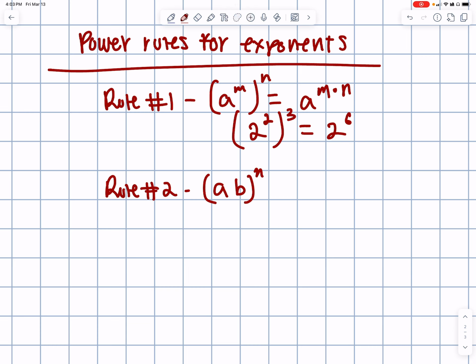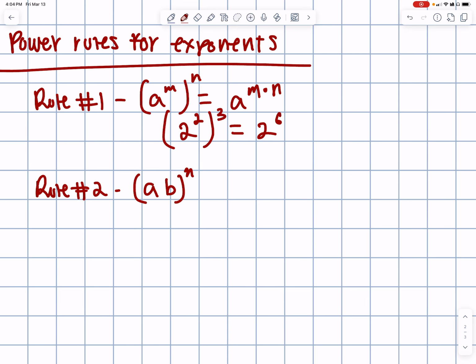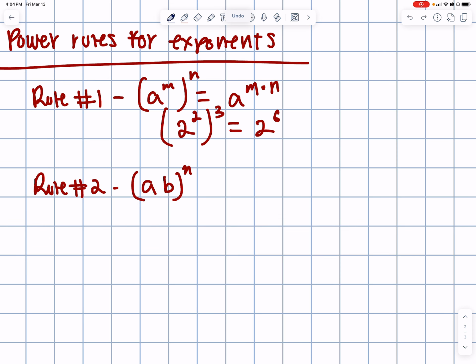Mr. Polito, why are we dealing with letters? I'm tired of seeing letters. I know, and me too. But these letters are just a skeleton of it. And you're not going to see letters hardly ever, other than X and Y, and Z. But in this situation, we're using letters because it could be random numbers, like how we did here, where it makes a lot more sense when we put numbers to it.